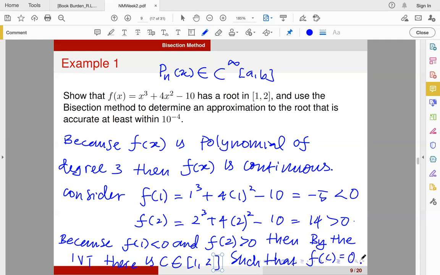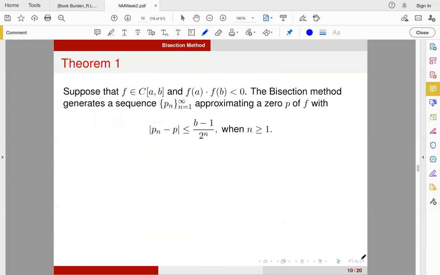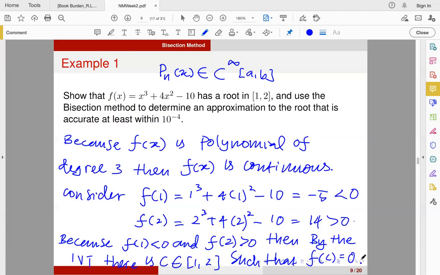So the intermediate value theorem guarantees that this polynomial function has a root between 1 and 2. Now let us find the value of C, and see how the bisection method works.